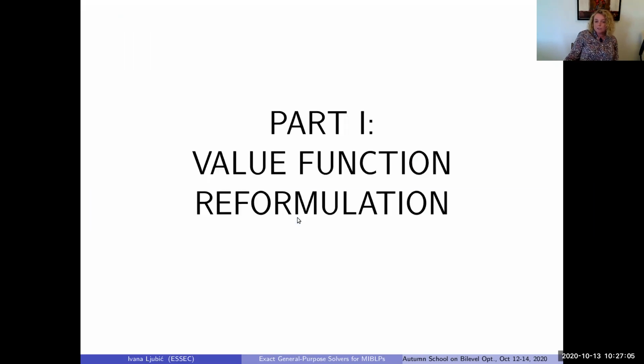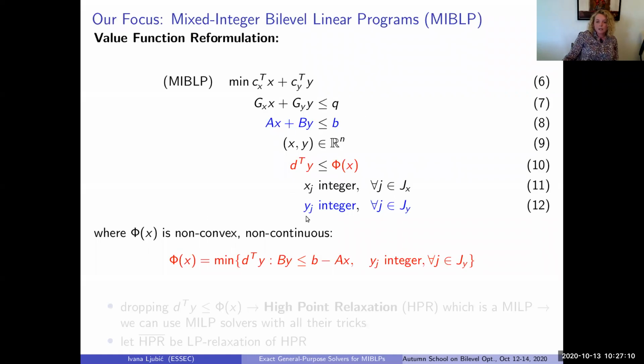So let's go back to the value function reformulation. If I now use our notation from before, we could reformulate MIBLP as the following single level problem, where constraints 8 are the constraints coming from the lower level, together with constraints 12, the integrality conditions, and constraints 10 are just a reformulation of the value function.